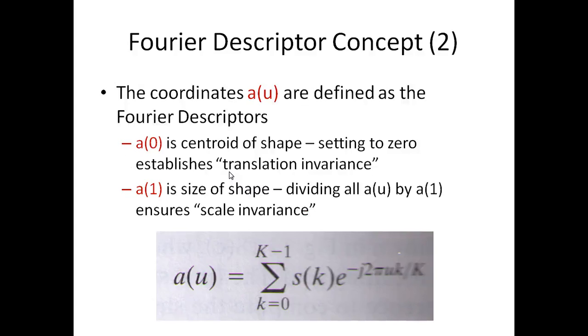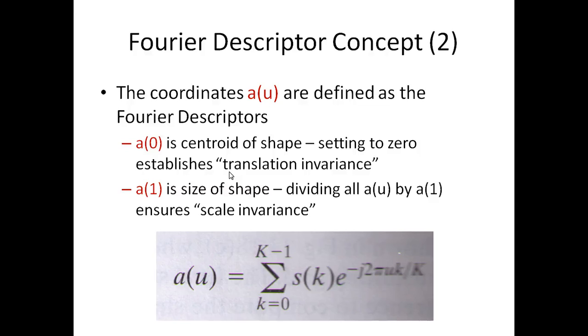Then you can take the Fourier transform of this, and you have some interesting properties as a result. The first coefficient of this transform is the centroid of the shape. If you set it to 0, it establishes translation invariance for the various images you're comparing. Pretty nice. The second one, A sub 1, is the size of the shape.